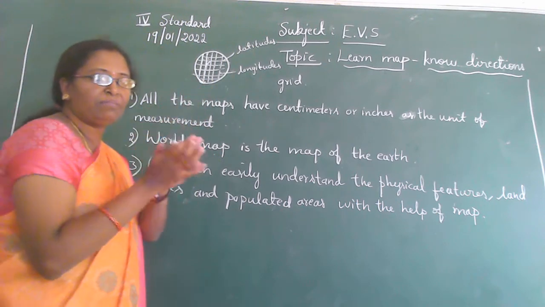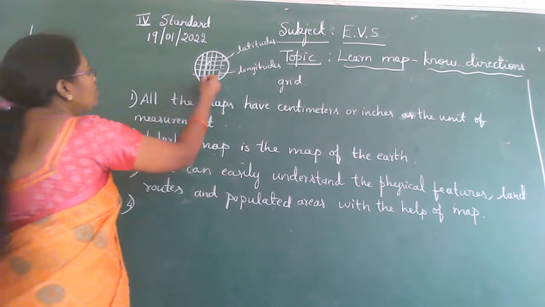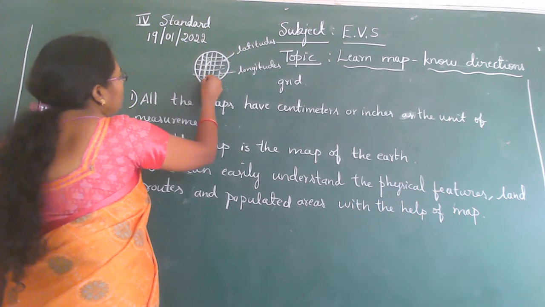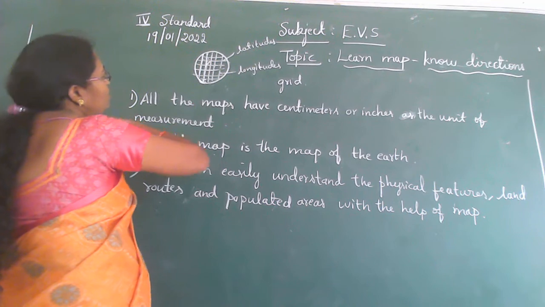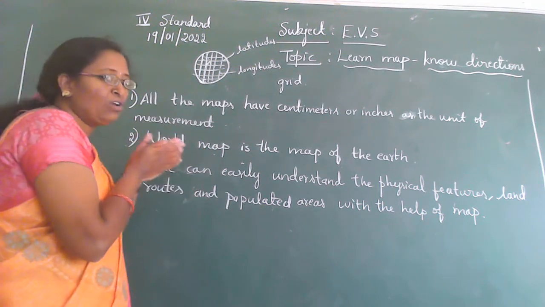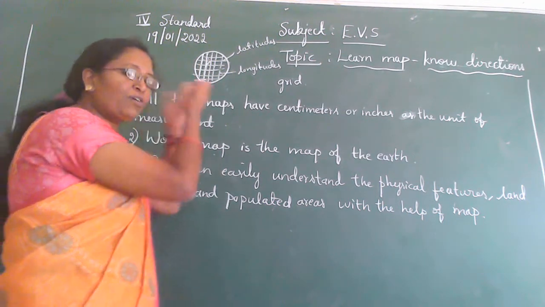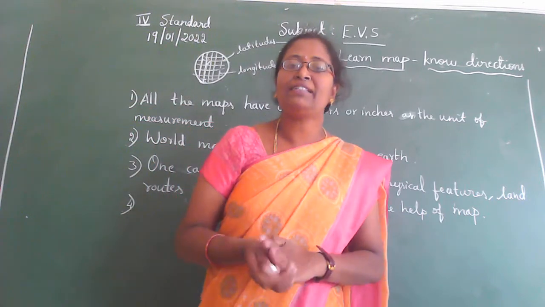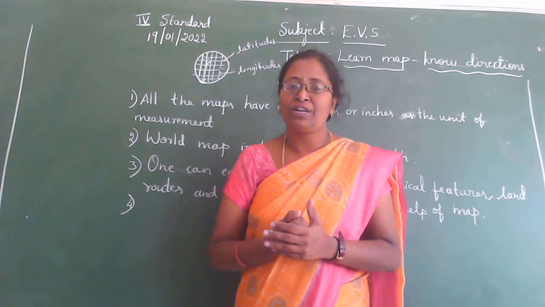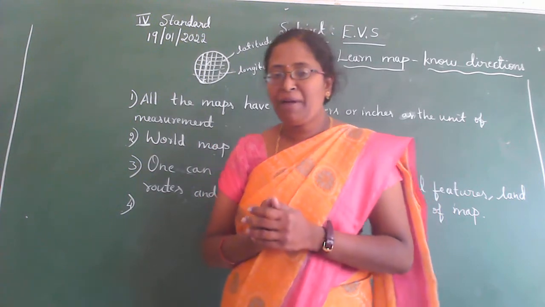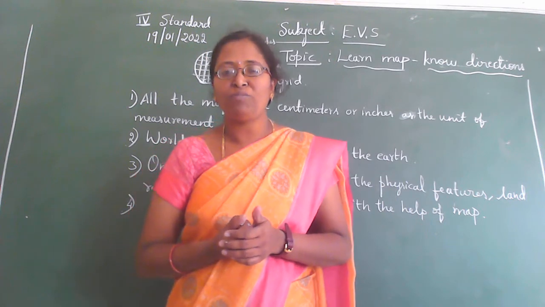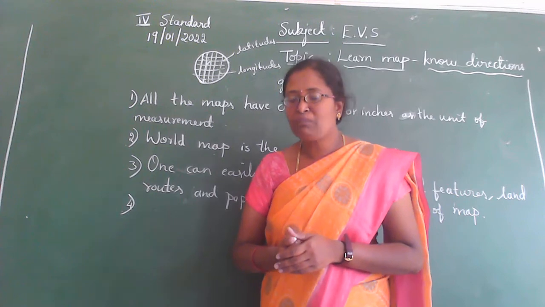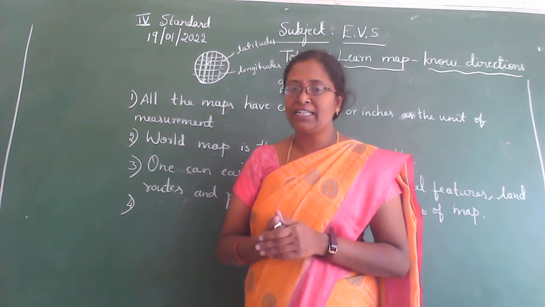I am giving an example. We can easily locate whether it is near the longitudes or near the latitudes with the help of these lines. So that is called the grid. Longitudes and latitudes, the imaginary lines, help to form the grid on the map.